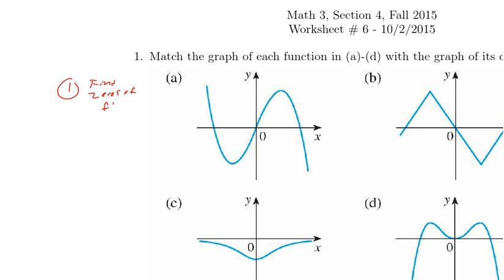So there's a 0 right there and a 0 right here. So I know that f prime is going to cross right here on the x-axis. I know that this flat spot here is going to make a 0, and this flat spot here is going to make a 0 in my derivative graph.